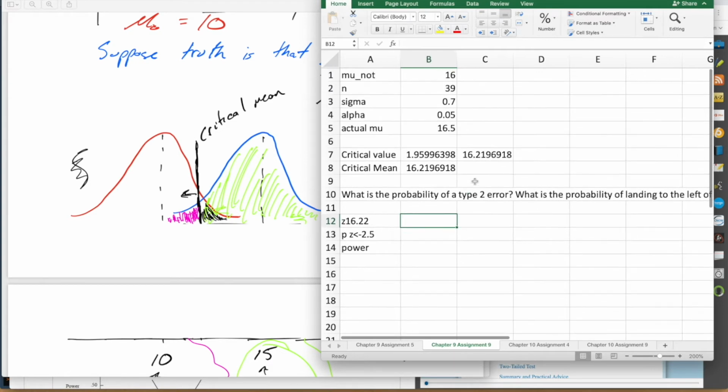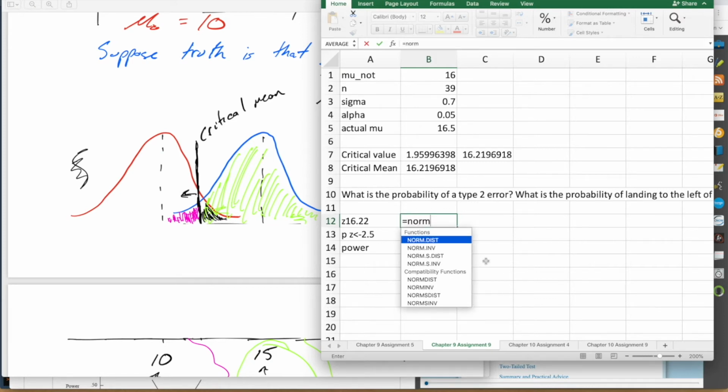So the way to do this is say, okay, let's figure out the z value of that. So I'm doing a z statistic. So this value minus 16.5, because now I'm looking at the true distribution.